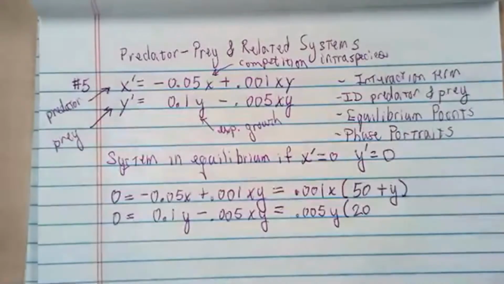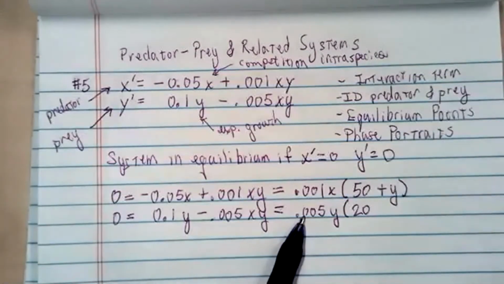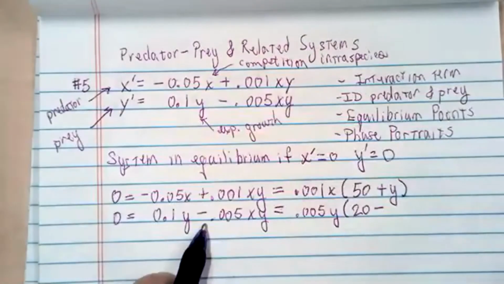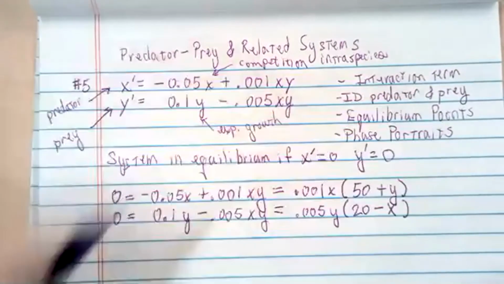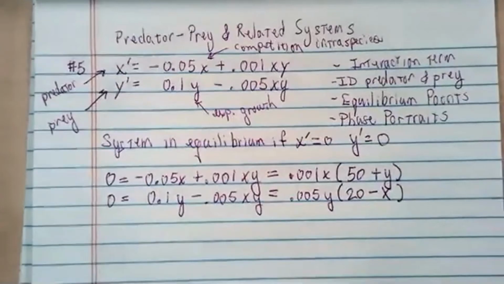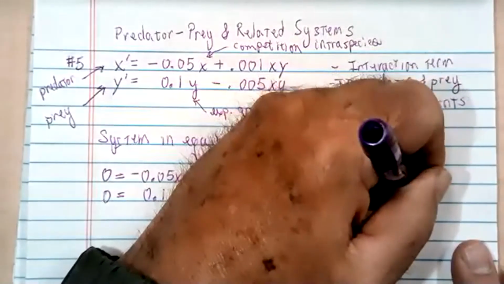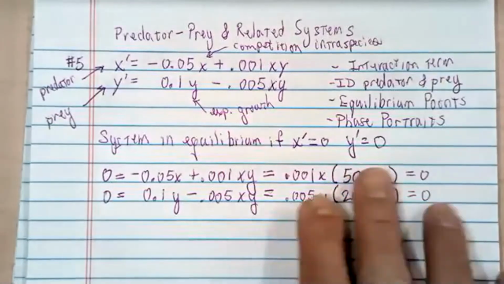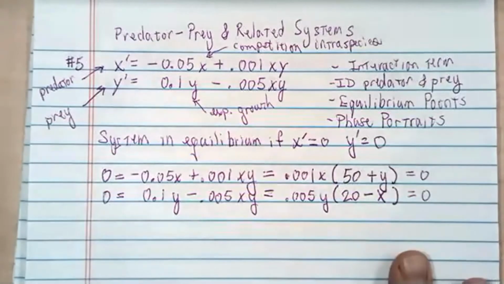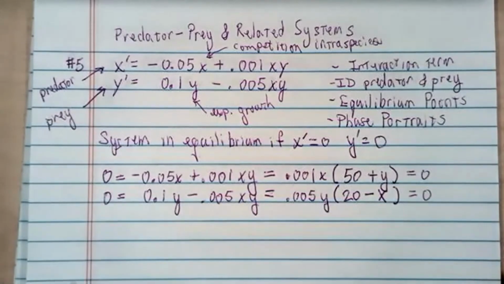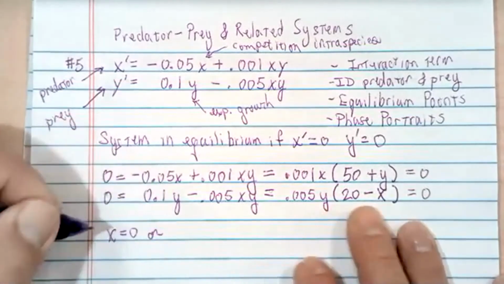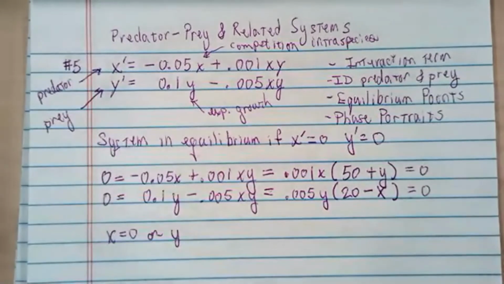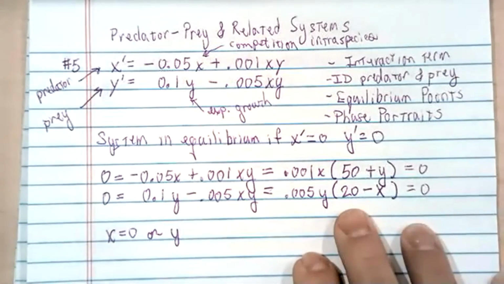And then 0.005, dividing it by 0.005 gives me a 1, but that was a negative here, so I want to preserve that. And the Y is out, but the X is still there. And these are both, just for emphasis here, set equal to 0. So I'm looking for a simultaneous solution. And what we know is that if X is 0 or Y, oh, look.